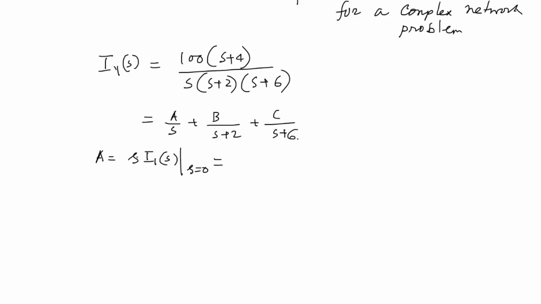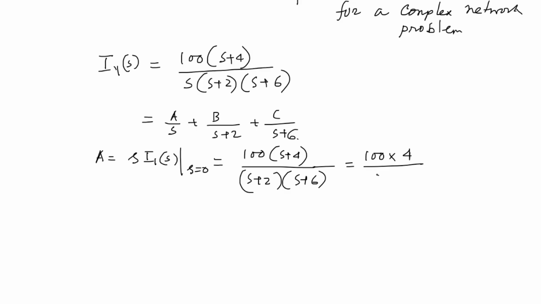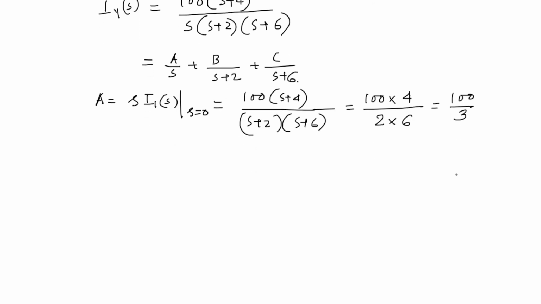So if you multiply s with I1s, it will be just 100 into s plus 4 divided by s plus 2 into s plus 6. If you substitute s equal to 0, in the numerator we have 100 into 4 and in the denominator we have 2 into 6, which is 12, so it will be 100 by 3. So the value of a will be 100 by 3.